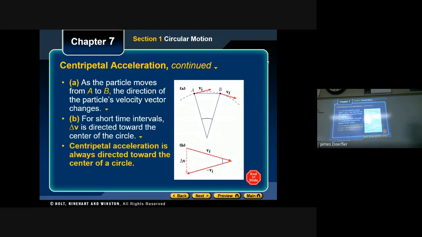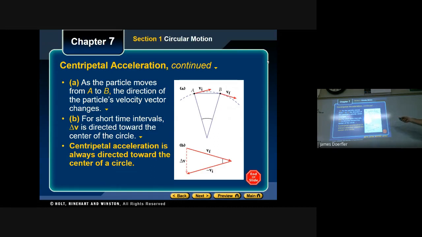So if we look at this image, we're not so much concerned about the first two bullet points, but what we want to look at is the third bullet point here. Anyway, what they found, if we do go over the first two, is we had a particle traveling in a circular motion. As this particle moves from A to B, you notice that at the location where A is, see how its direction is drawn as a tangent to that path?